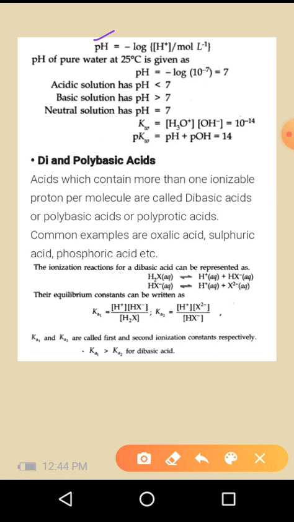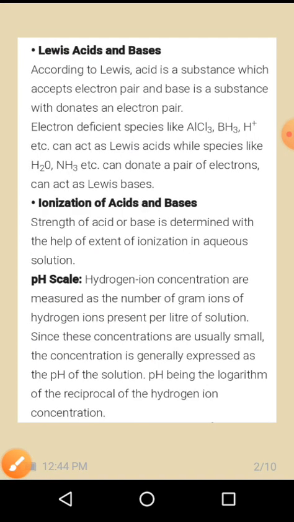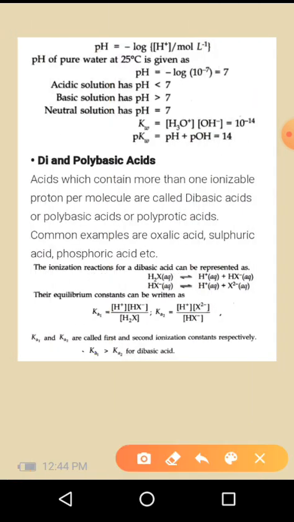It is the logarithm of the reciprocal of the hydrogen ion concentration. Actually it is log of 1 by H plus concentration, so we can write it as minus log H plus. The pH of pure water at 25 degrees Celsius is given as pH equals minus log of 10 raised to minus 7.